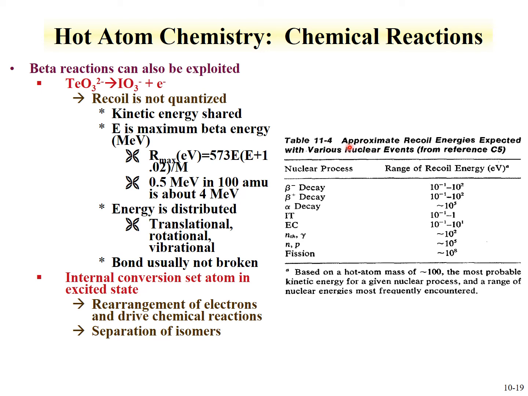Again, some recoil energies expected from various decay events are listed here. As we see, beta decay, positron decay, and fission certainly have sufficient energy to achieve separations.